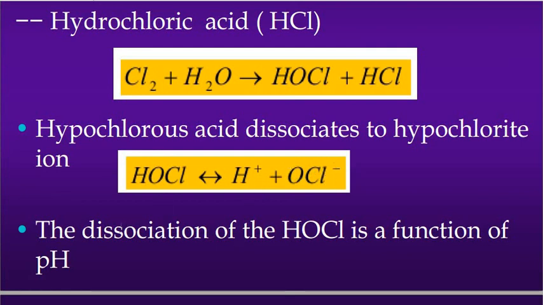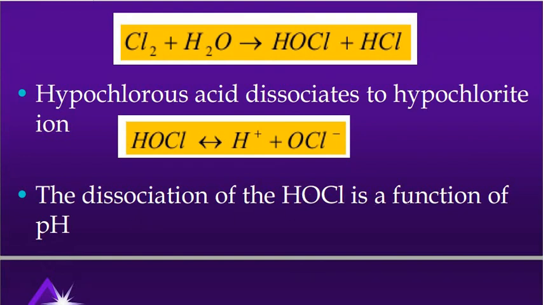Okay, the dissociation of HOCl is a function of the pH. The presence of the pH dissociates the hypochlorous acid into H+ ion and OCl- ion. Now, pH will always be present in the water, and it shows the nature of the water, whether it is acidic or basic.